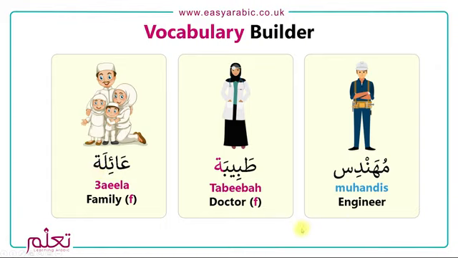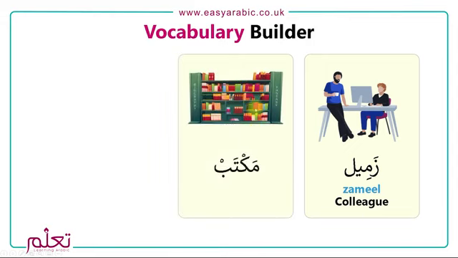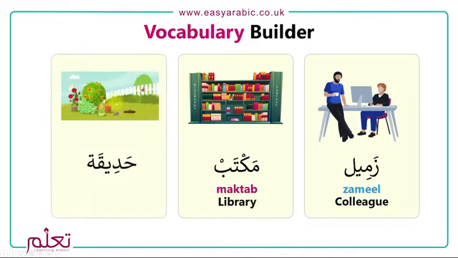Next one we have is colleague, which is zamil. Next one we have is a library, which is maktaba. Next we have a garden, which is hadiqa. So here we've got zamil, and we've got maktaba and hadiqa.